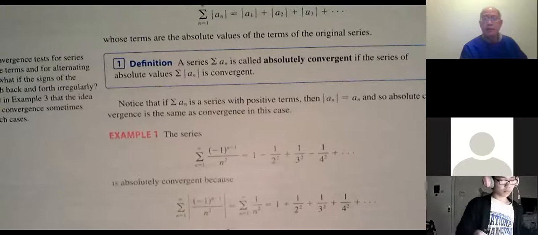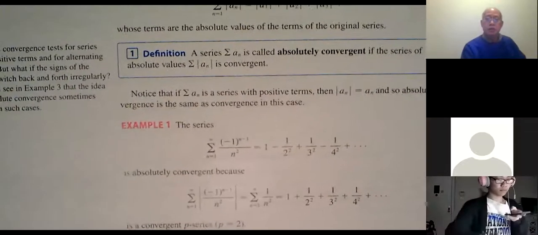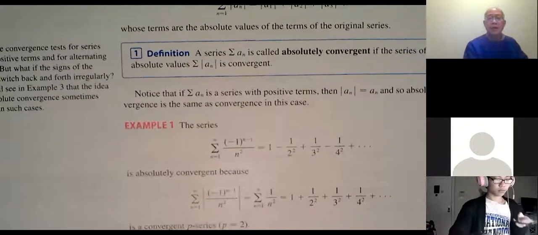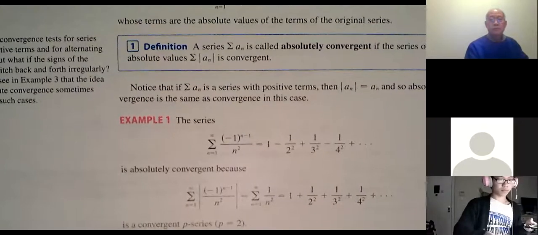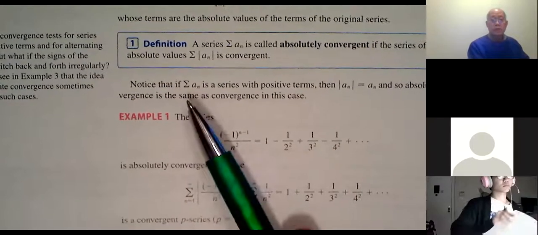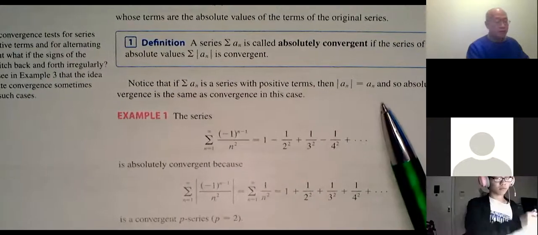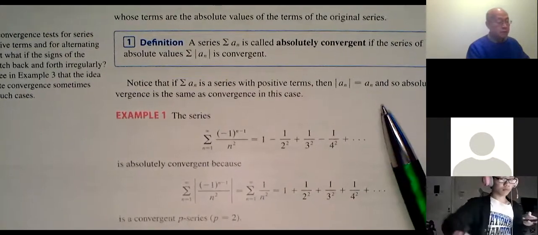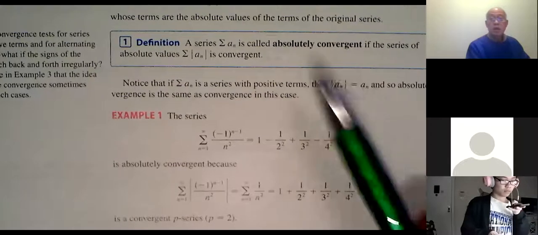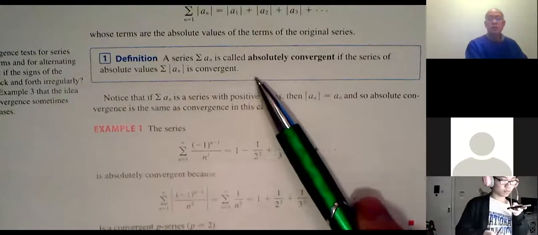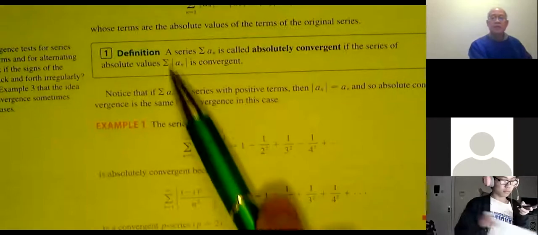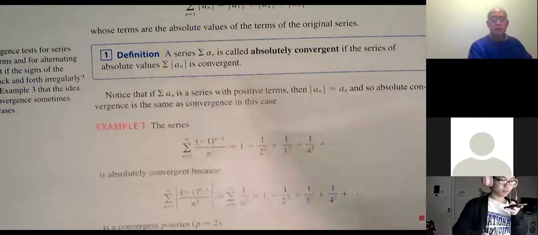AC. By the way, the book also uses that in the back of the book. So absolute convergence, AC. Note, if summation a sub n is a series with positive terms, then absolute value doesn't matter. It's the same thing. If I take the series of absolute values of all the terms, it's convergent.